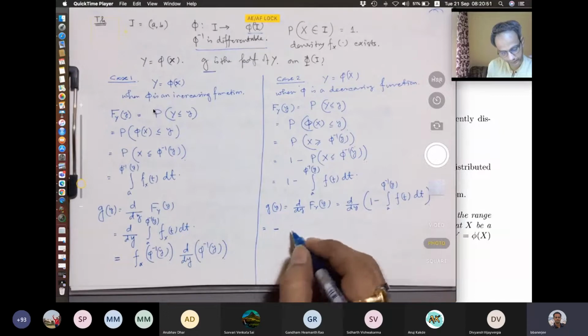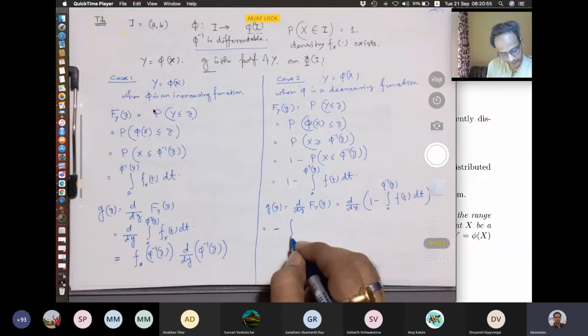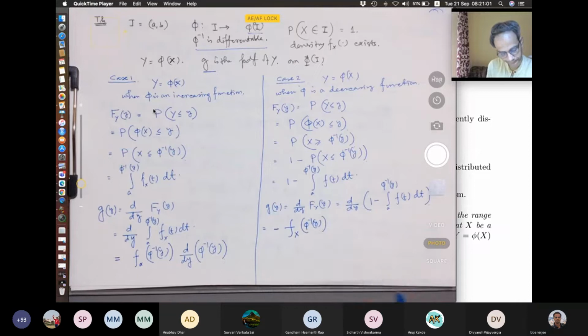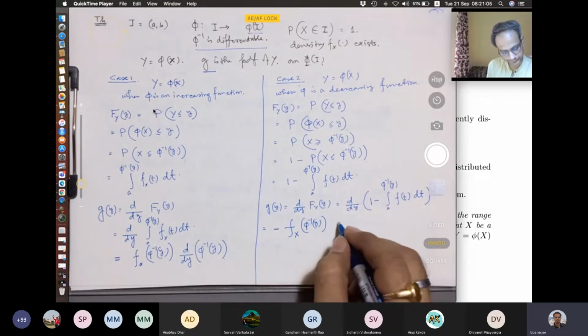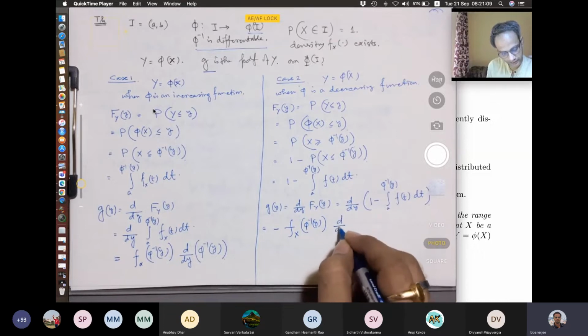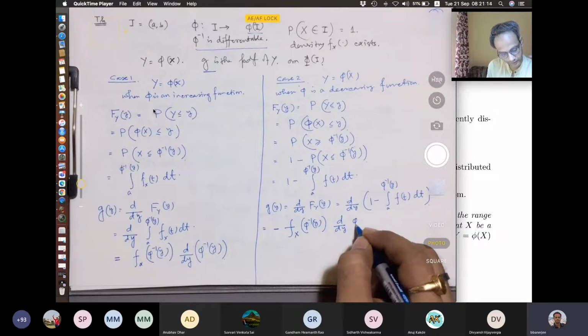Then again the same thing will happen. Now let us consider f of x at phi inverse y, and if you differentiate it, you will get d/dy of phi inverse y.